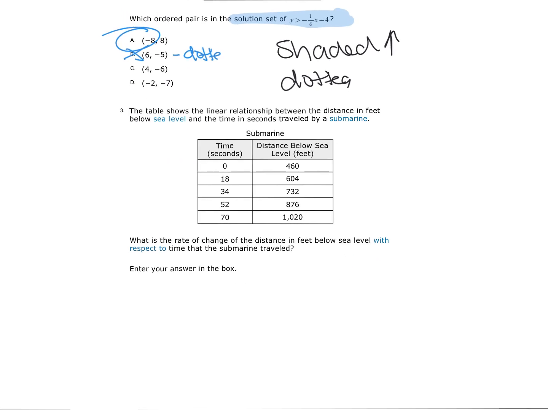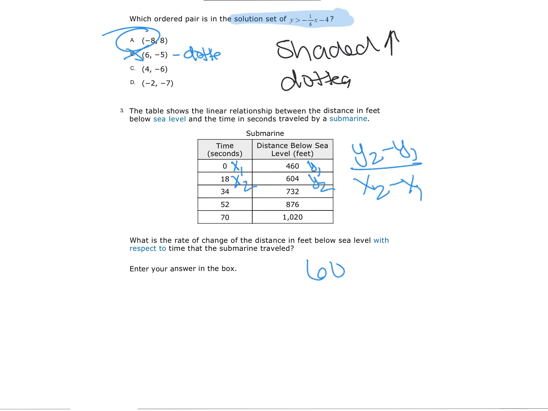So number 3 is asking us to find the rate of change. Rate of change is nothing more than another name for slope. So remember, rate of change is y2 minus y1 over x2 minus x1. So here, if we label our points, here's x1, y1, x2, y2, and we plug it in.